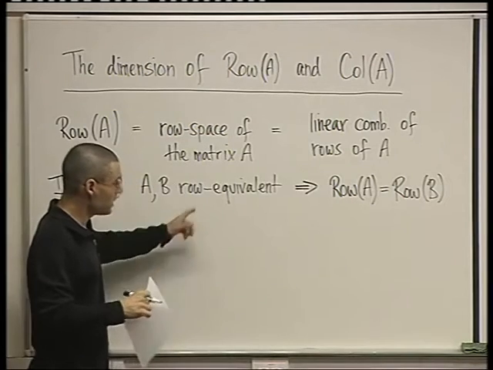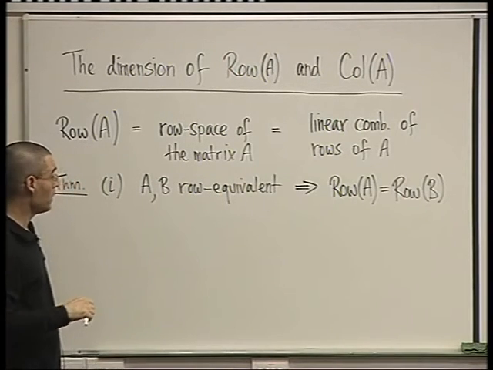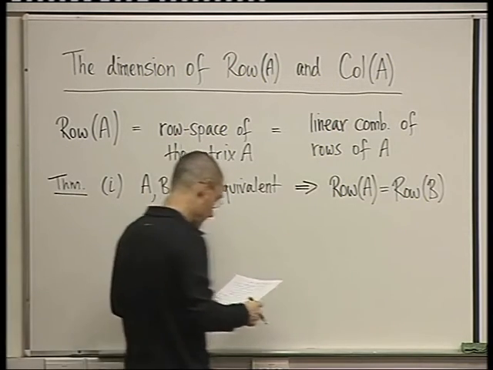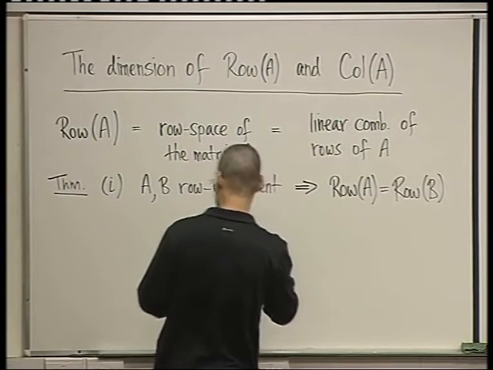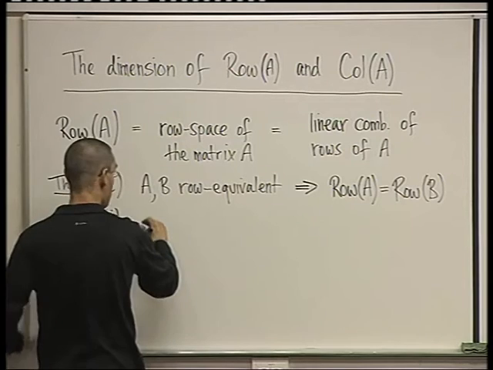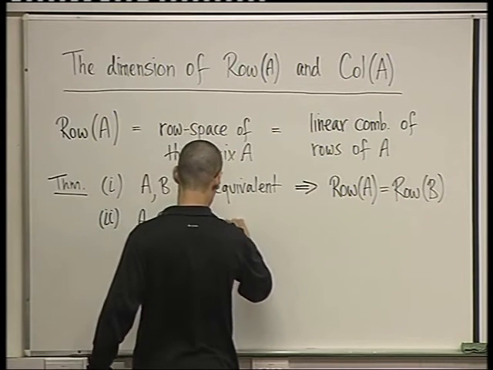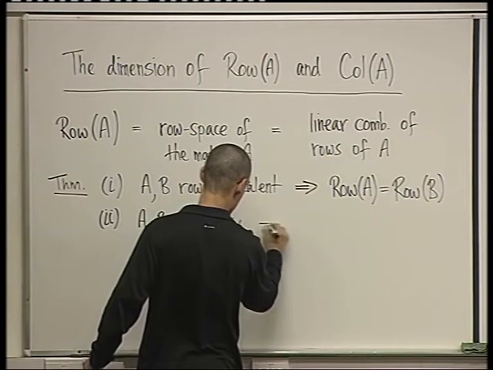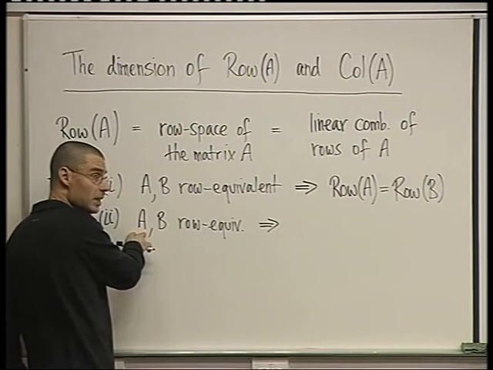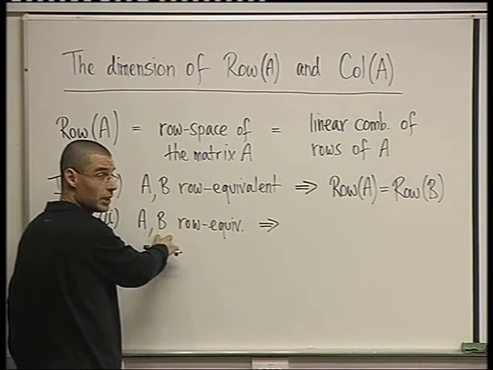We even mentioned that this is an if and only if statement, although this is the direction we discussed in more detail. Okay. The second theorem that we had was, if A and B are row equivalent, then the rows of A are linearly dependent if and only if the rows of B are linearly dependent.